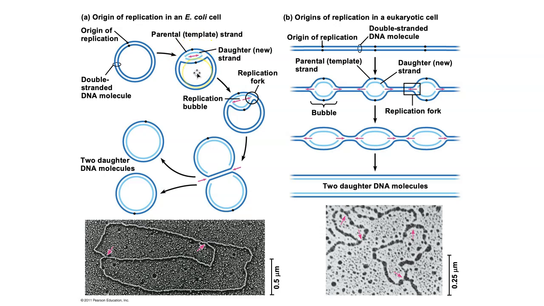So along each parent strand, which is acting as the template strand, we have a daughter strand that is being created. This forms like a little bubble here. So this is called the replication bubble. And at the edges of each bubble, we see that it's a fork. This is the replication fork. There are two forks, and replication is occurring in both directions, into both forks.